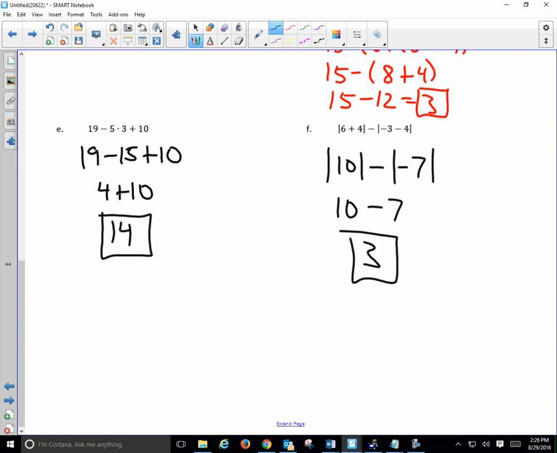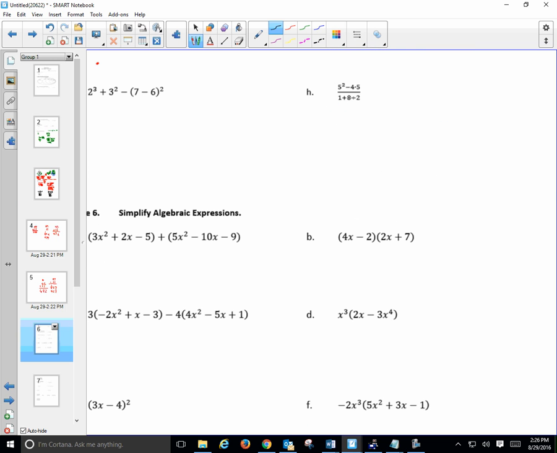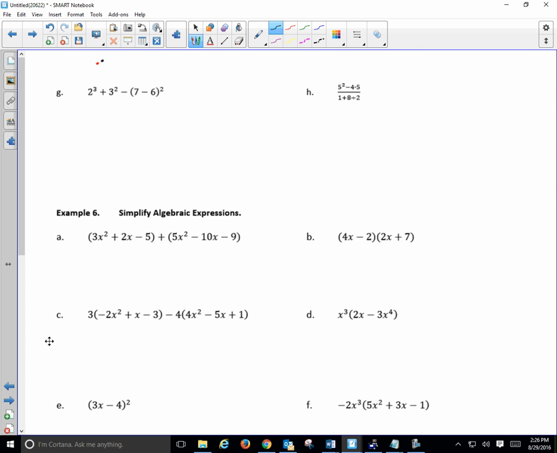Are your answers 14 and 3? Good. Let's flip it over. 2 more problems, and then you can work on your assignment. Please try G and H on your own.